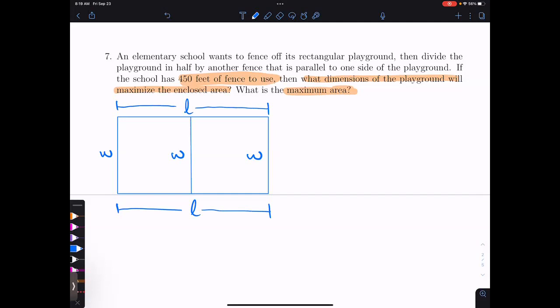Okay, so we've got 450 feet of fence, and we need to build W, W, W, L, and L. So three W's and 2 L's out of that 450 feet.